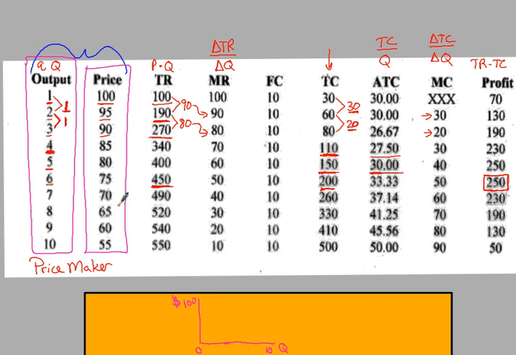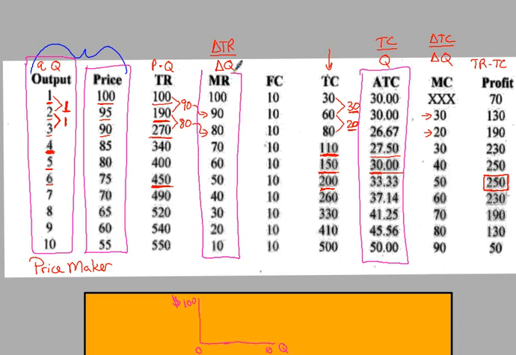We're going to graph the average total cost. Graph the average total cost. And then the marginal revenue and the marginal cost. So we're going to have 4 different lines on this graph.